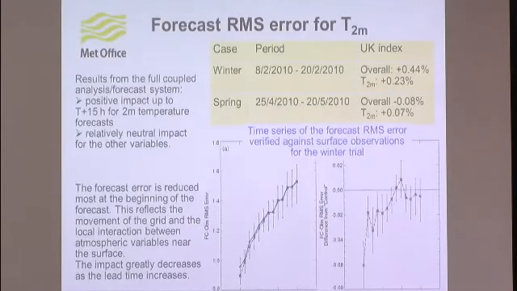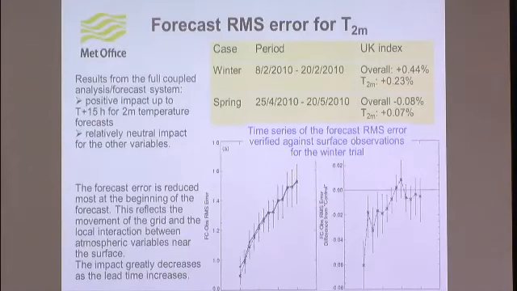This is forecast minus observation RMS errors as a function of forecast lead time. So we have improved the analysis system, and this still has some benefit over the forecast range up to T plus 15 hours. It's not massive, but it's basically near the surface.